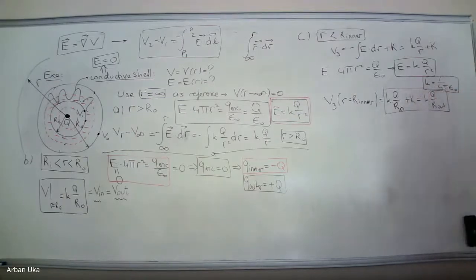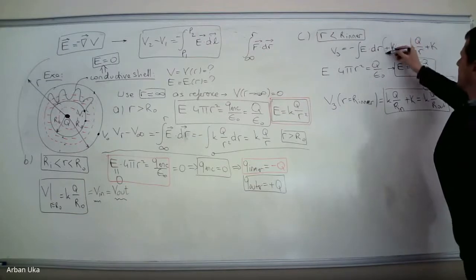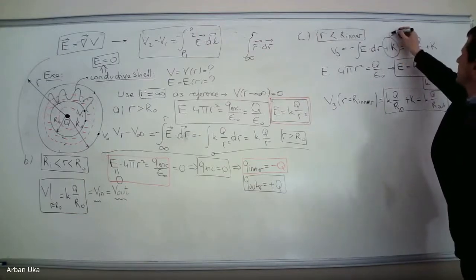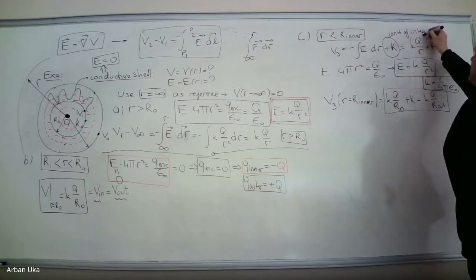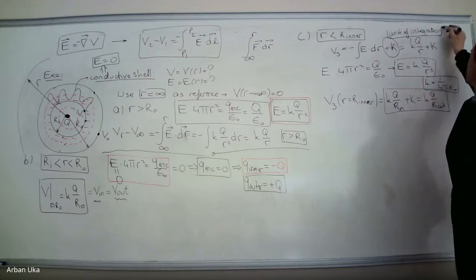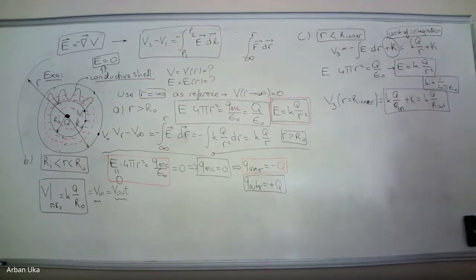Okay, so we need a constant now. This is a constant of integration. We know that always when we are integrating, we get a constant of integration, but for this relatively complex problem, it is better if we approach it this way.